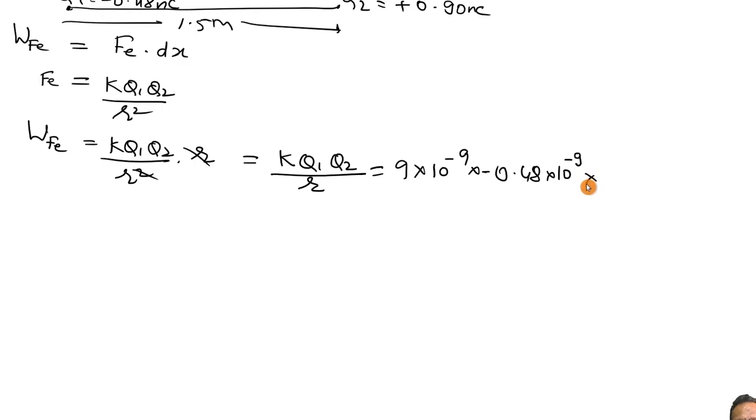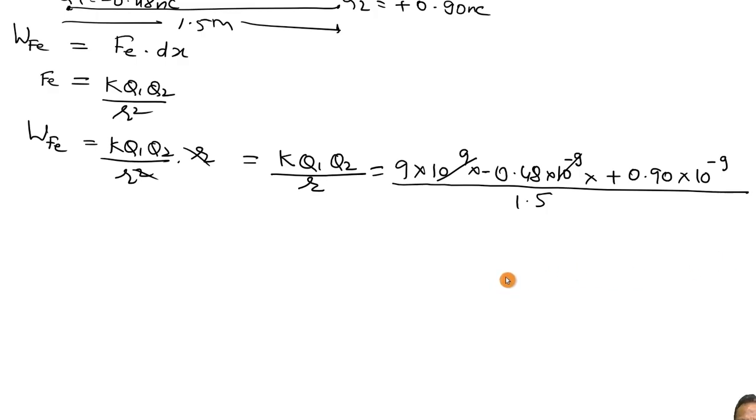Q2 is this time positive 0.90, again it is nano, so it will be 10 raised to minus 9 coulomb, and the whole thing divided by R, that is the distance, which is 1.5 meters. So this 9 into 10 raised to 9 and this 10 raised to minus 9, they will cut each other.